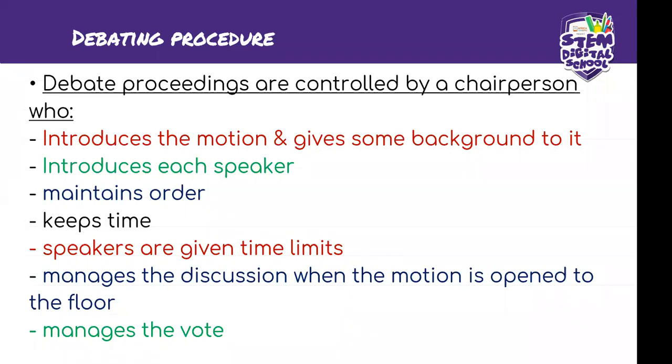The reason for doing this is that it is a way to make sure that everyone understands what is going on, that every speaker understands what the topic is, and also that everyone in the audience understands what the debate is all about. Chances are, if you do not understand what the topic is about, you do not understand the background to it, you will be bored and you will not get anything out of it if you are the audience.